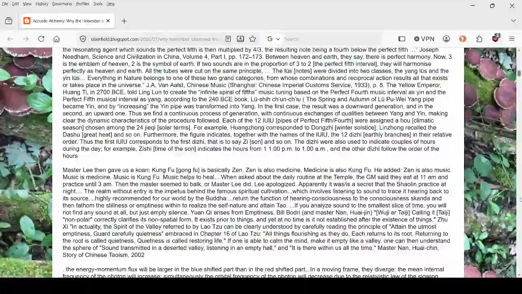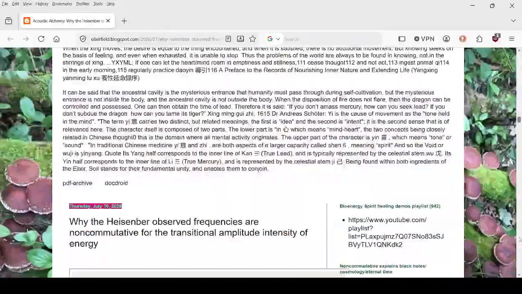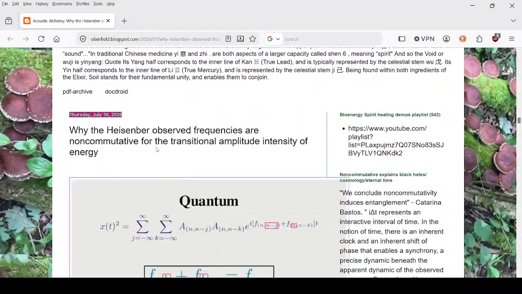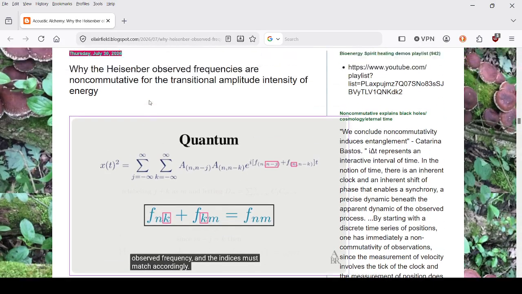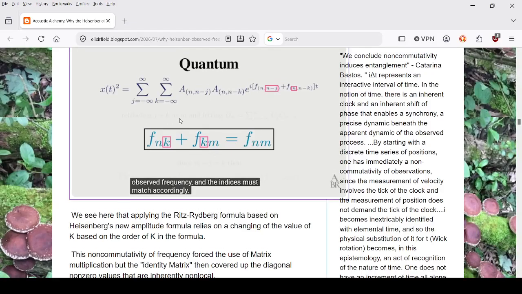So there's a really great new video on Heisenberg discovering the noncommutative frequencies and explaining exactly how they work in his equation.